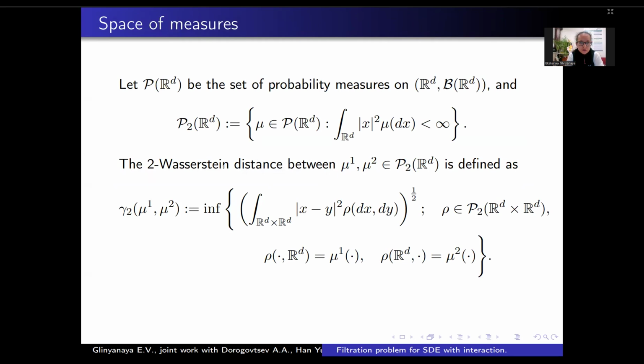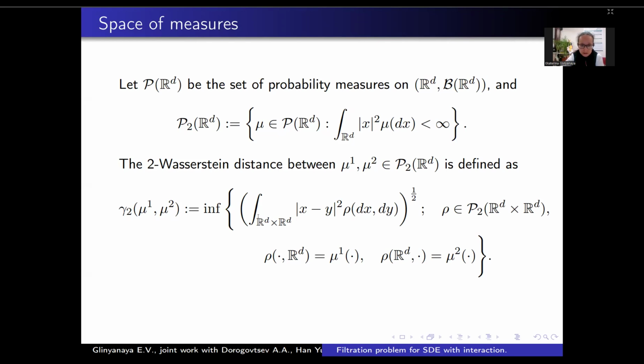I will consider the space of probability measures with finite second moments, that is, mu probability measures such that the integral is finite, and the distance between two measures is defined as follows.